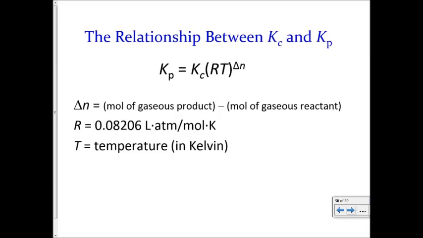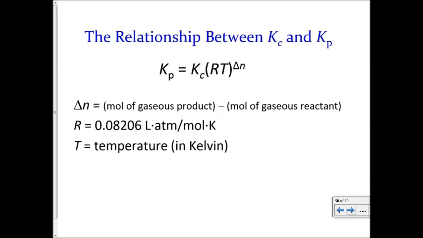Now, here your R value is going to be 0.08206 because we're dealing with pressures in ATMs. Now, if you were dealing with pressures in one of the other ones like millimeters of mercury or torr, you would use the 62.36 value. The R values are on your formula sheet.